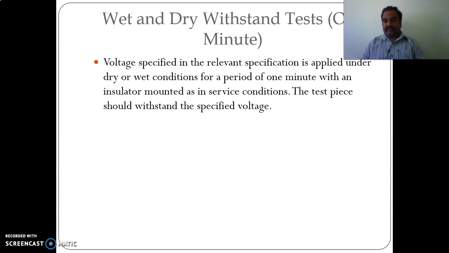So, just to replicate the service conditions, the field conditions, the insulator is placed and you are supposed to test whether it can withstand the specified voltage for a duration of 1 minute.